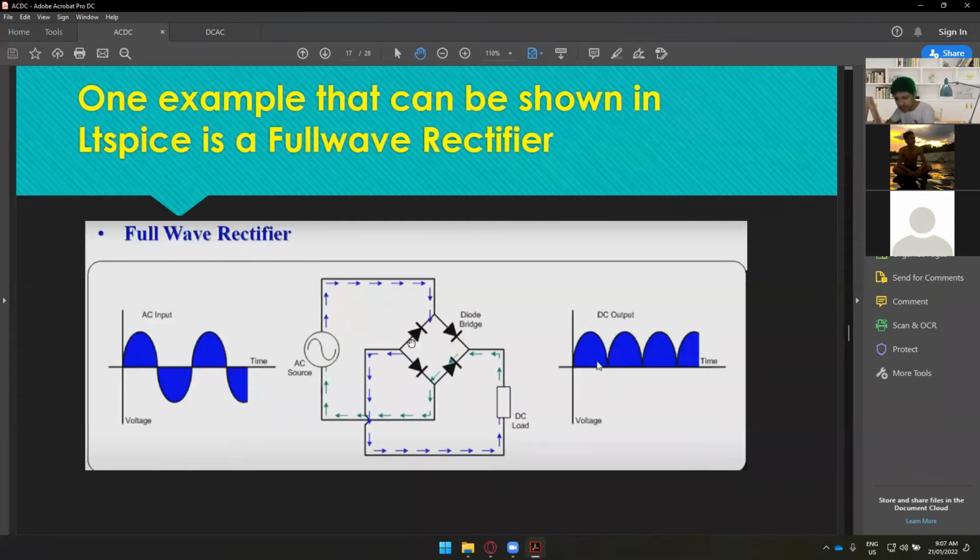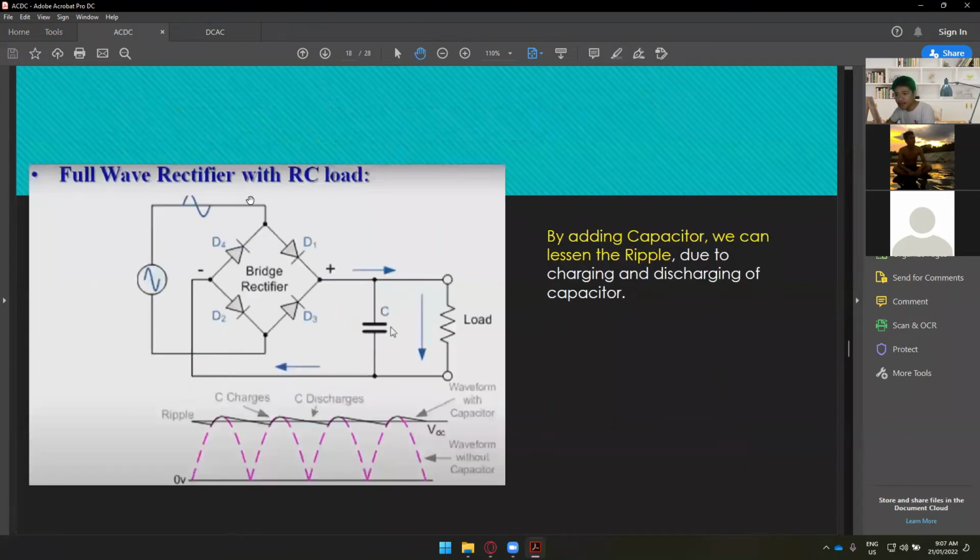So again, a full wave rectifier. If I'm not mistaken, I have already shown this one to you guys in our electronics, from AC into a DC output, wherein we only have one output, which is the positive output. We also have the full wave rectifier with RC load.